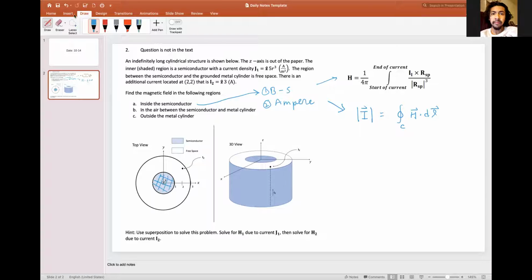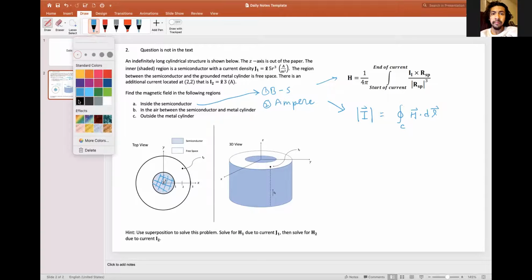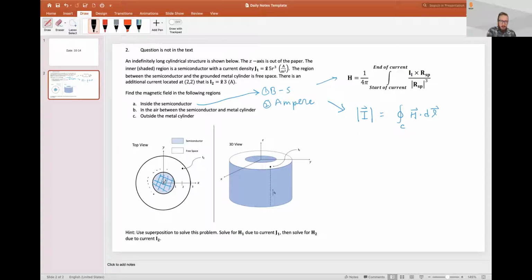So if we make a contour path, right, around here or even inside of here, it's easy for us to make a contour path like this, where we can get this current.